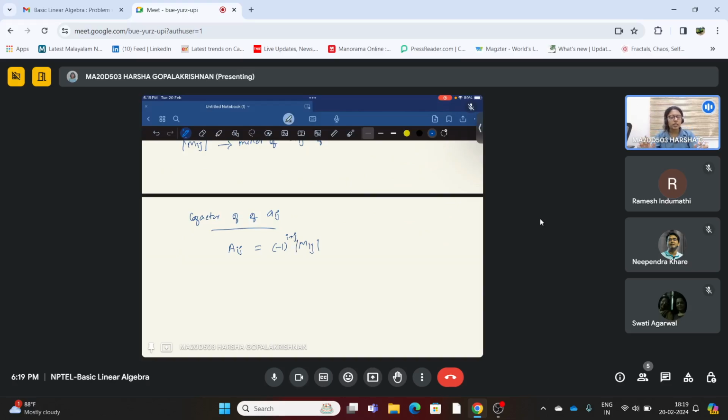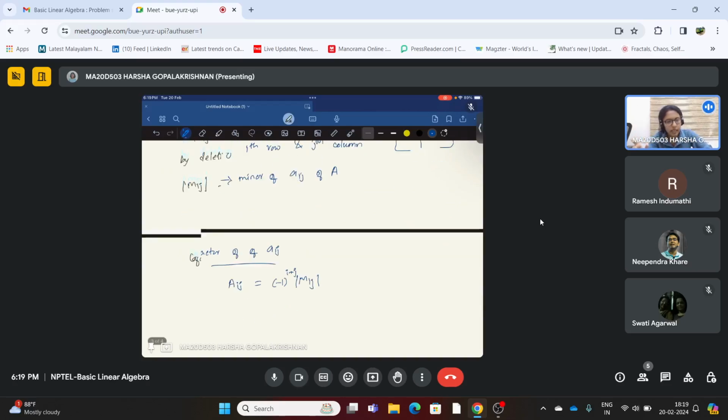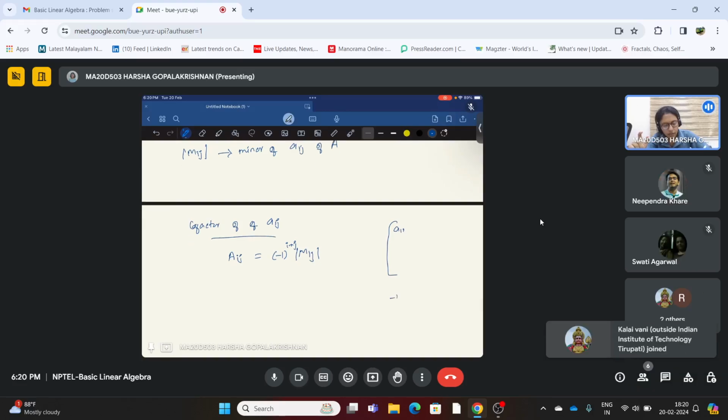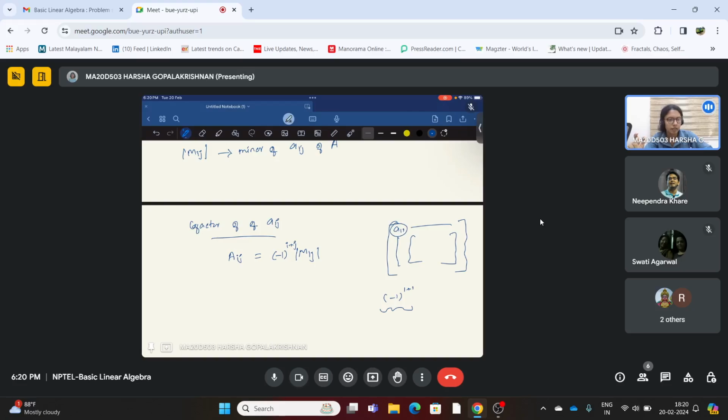So cofactor means, whatever we got, the determinant of Mij, we will take the sign accordingly, according to the position: minus 1 power i plus j. For example, if it is A11 here, we will take minus 1 power 1 plus 1 and the determinant of this matrix. So this is the cofactor value corresponding to A11.